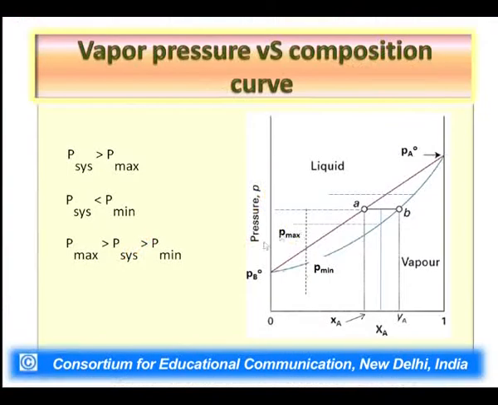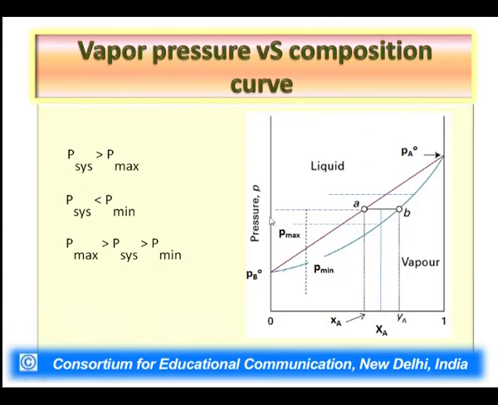This point you can understand from the graph. Please have a look at what we are trying to say here. Suppose this dotted line represents the value of pressure to which the system is subjected, and the system is in two-phase equilibrium.